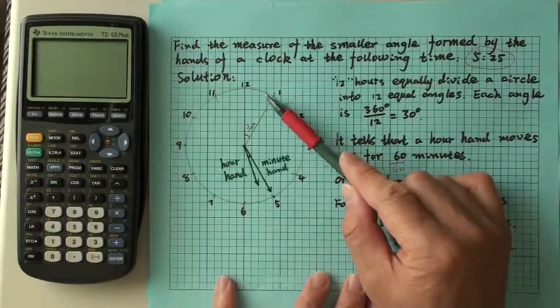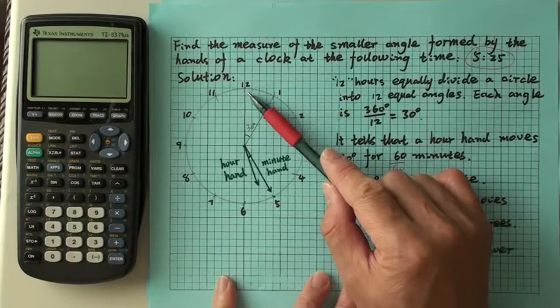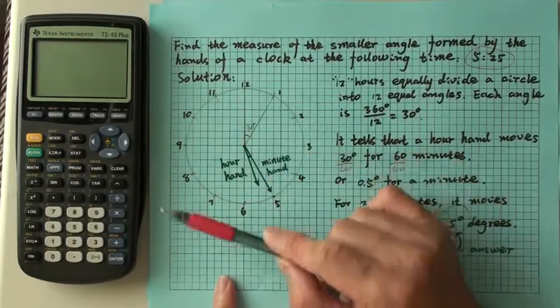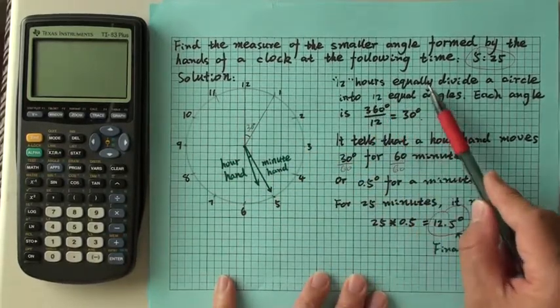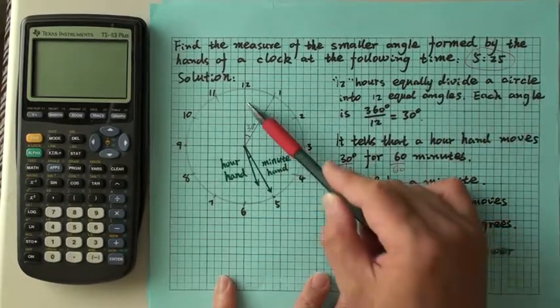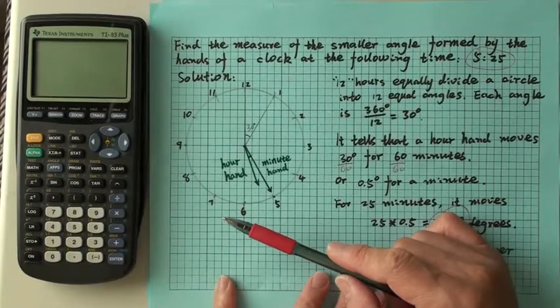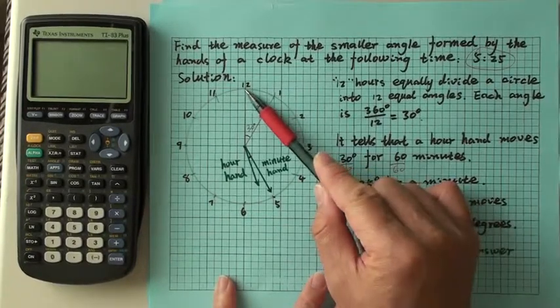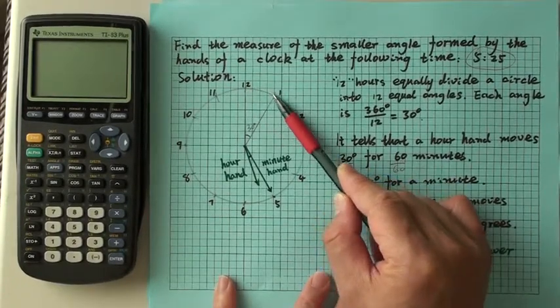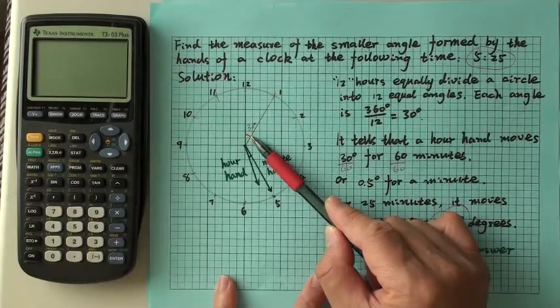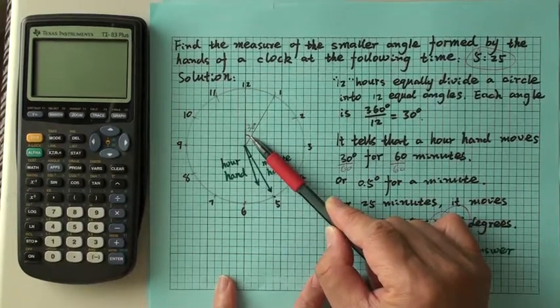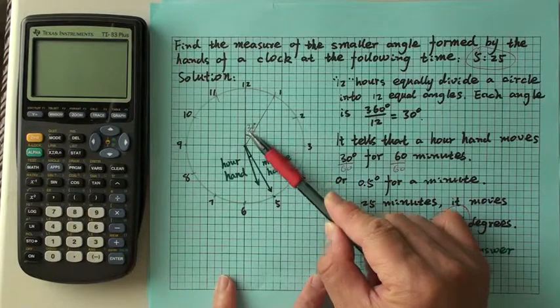And we know there are 12 equal parts. 12 hours equally divide a circle into 12 equal parts. And then, for this arc, the corresponding central angle is how large?